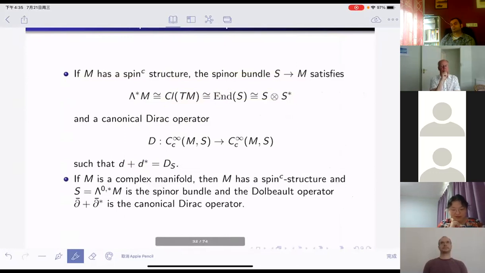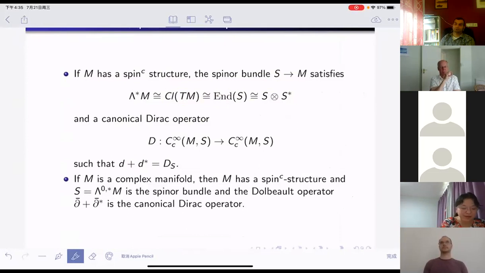And another example of the canonical Dirac operator is the Dolbeault operator on a complex manifold. I do this example because it is very explicit, since the definition of the Dirac operator is quite complicated with this spin C condition.